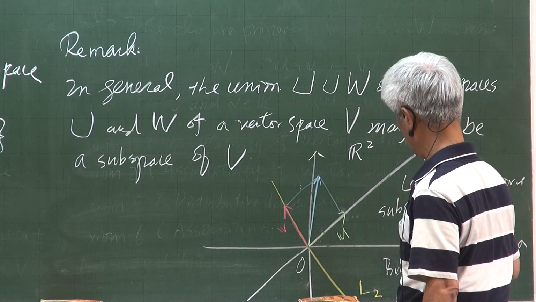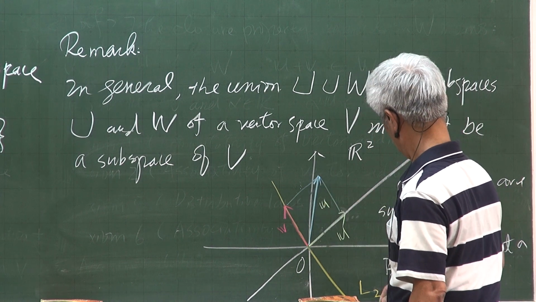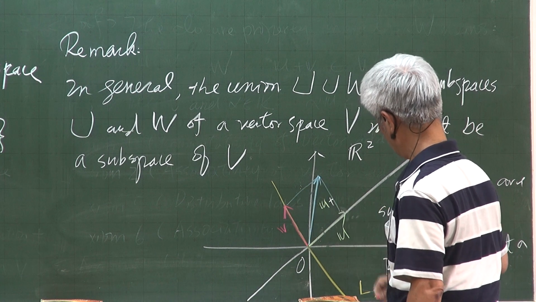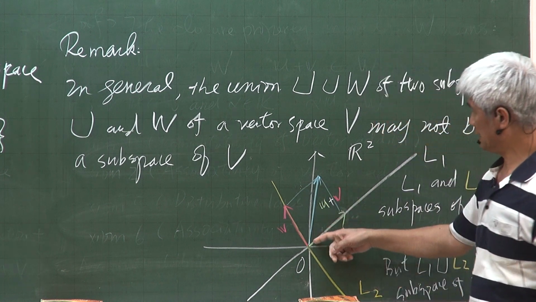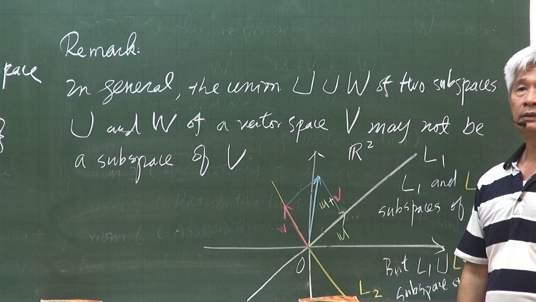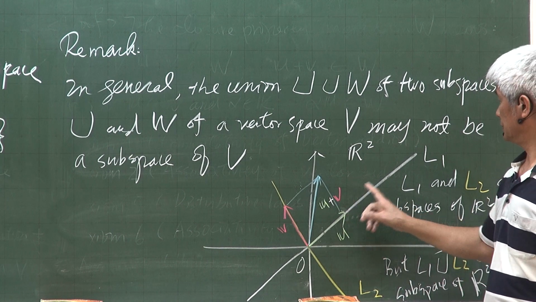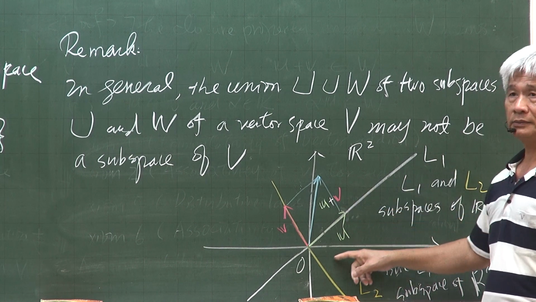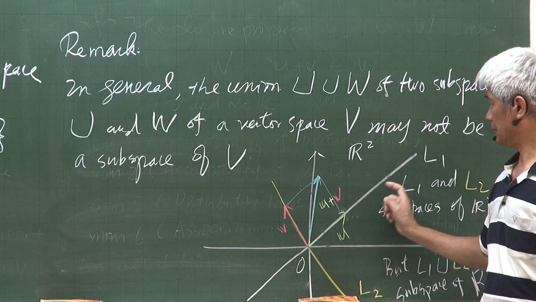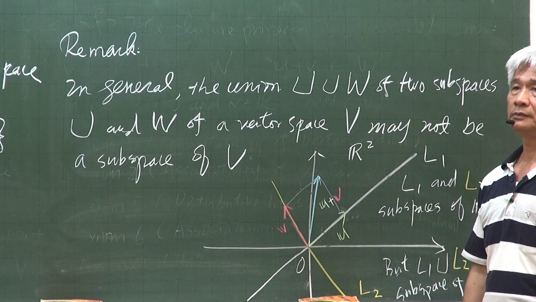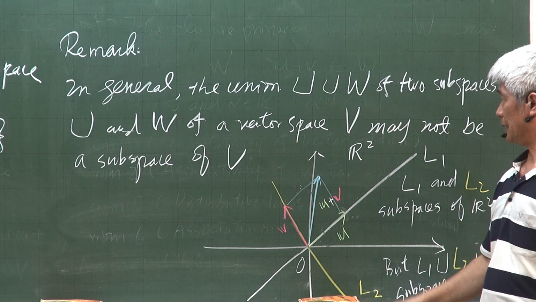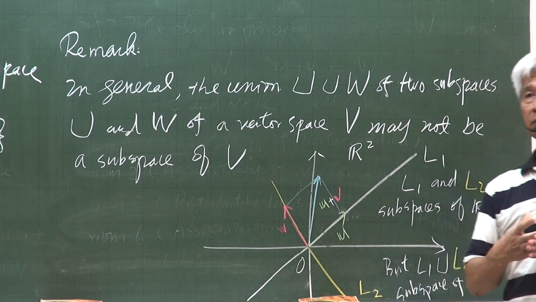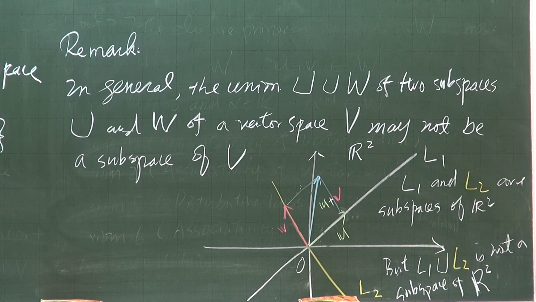So this is u plus v. But you can see that this vector is not on L1, right? Not on L2. So vector addition is not closed under this union.